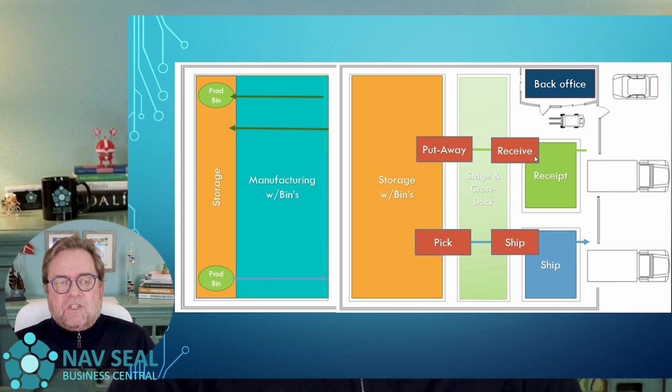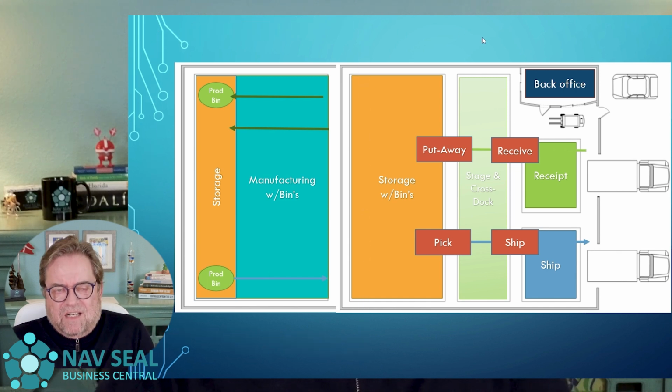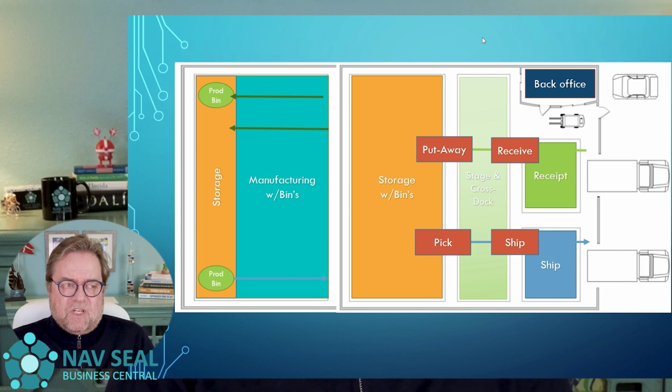Now, for companies that do manufacturing, as you can see over here, we can use warehouse documents as well. Whenever we have any released production orders, and they have components that need to be consumed as part of this manufacturing process, at that point in time when you say, okay, we are now ready to start the manufacturing of this production order, we're going to need some items and components that go into this process.